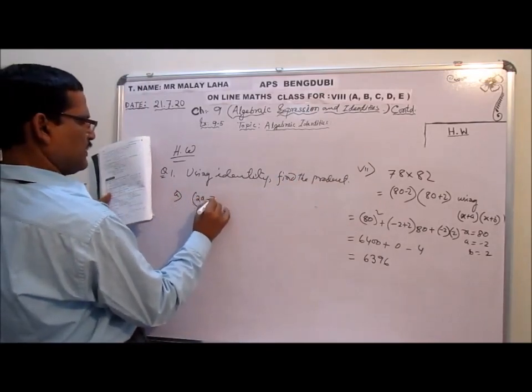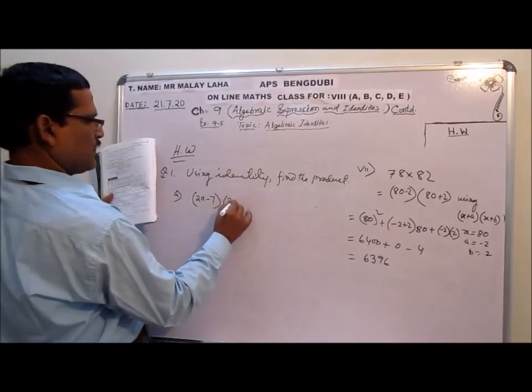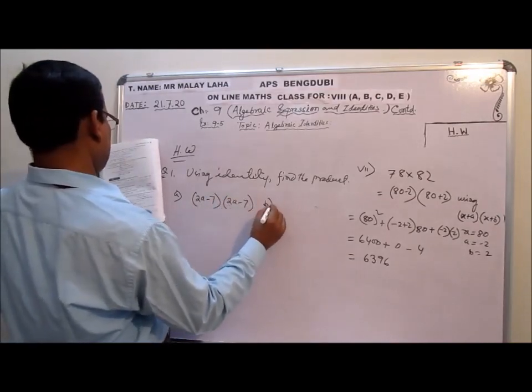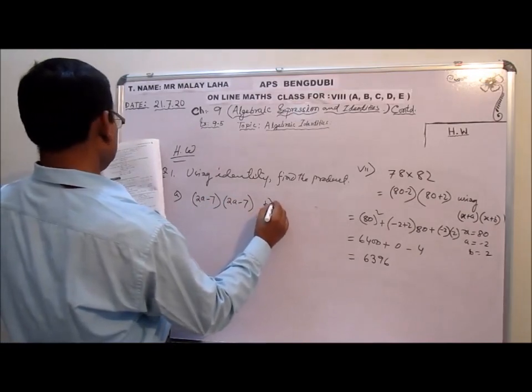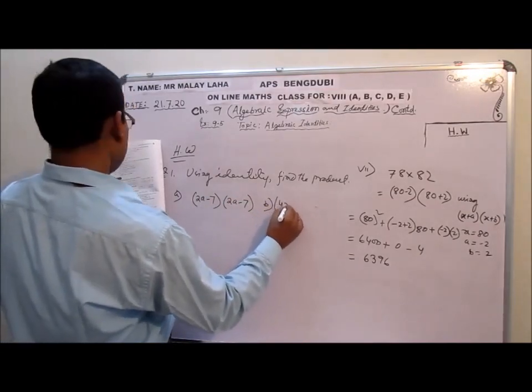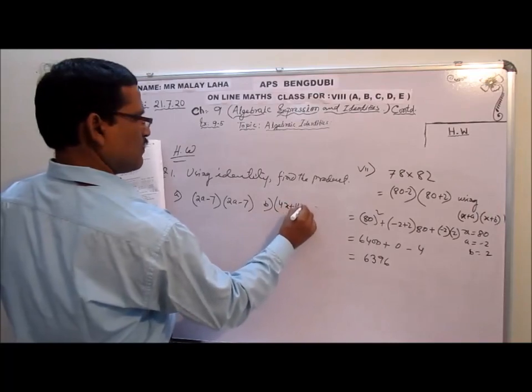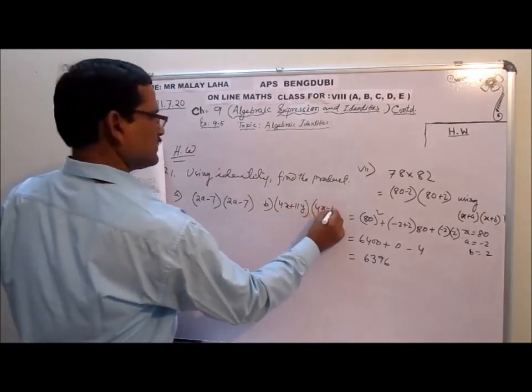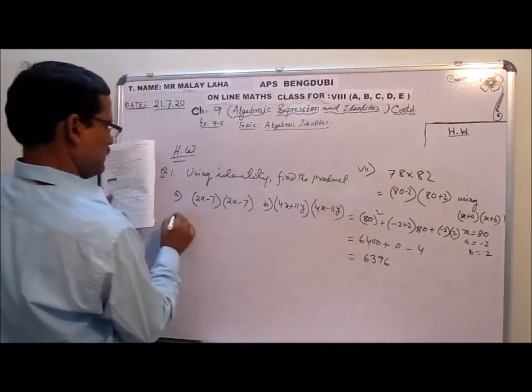A: (2a minus 7) into (2a minus 7). B: (4x plus 11y) into (4x minus 11y).